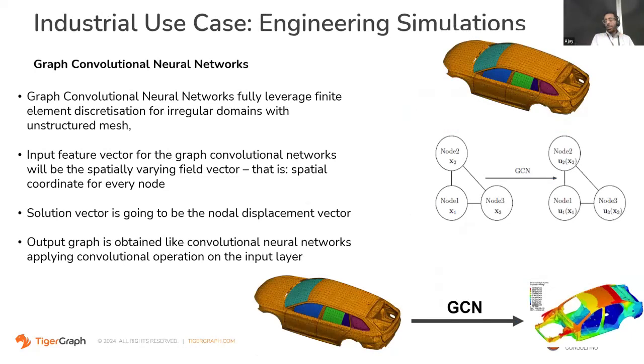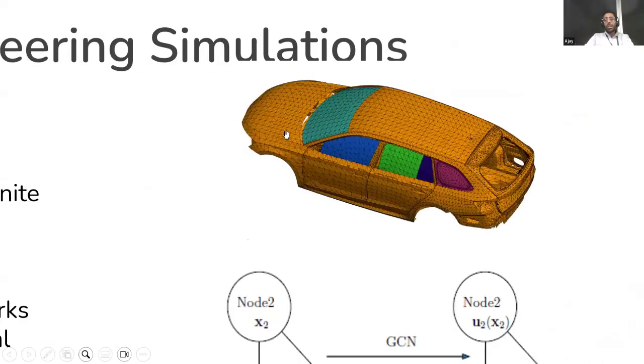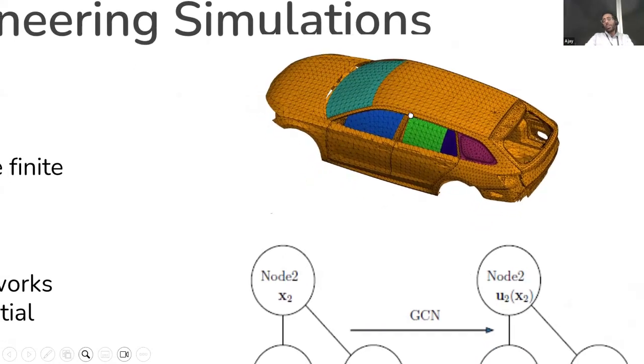If you have been looking at the picture of the car or the aircraft, I already have the graph with me, because I have discretized this domain using meshes.